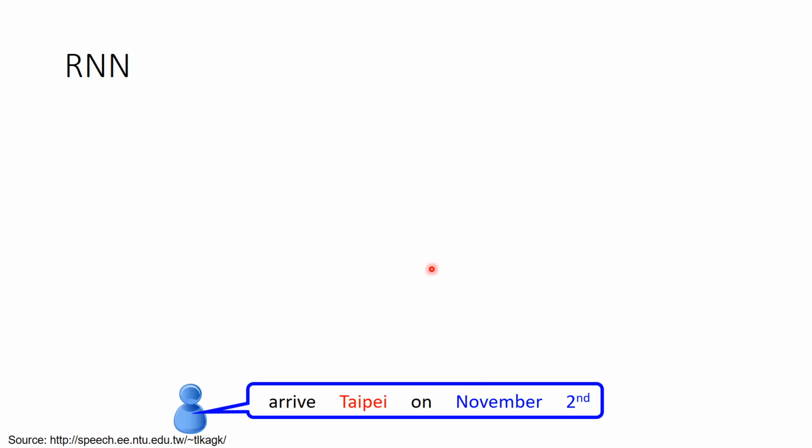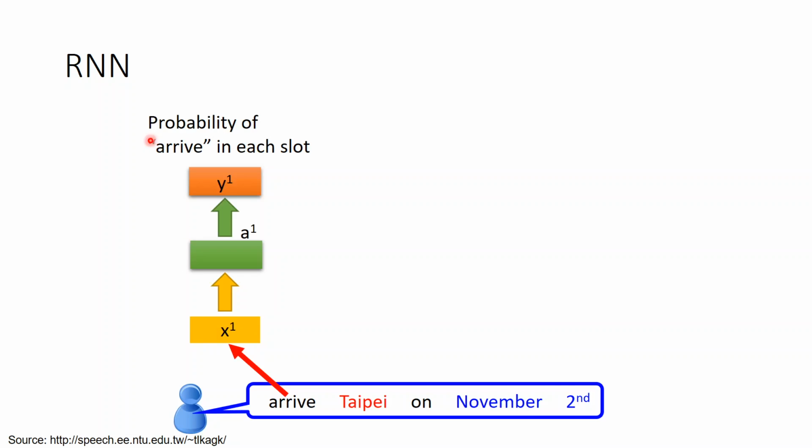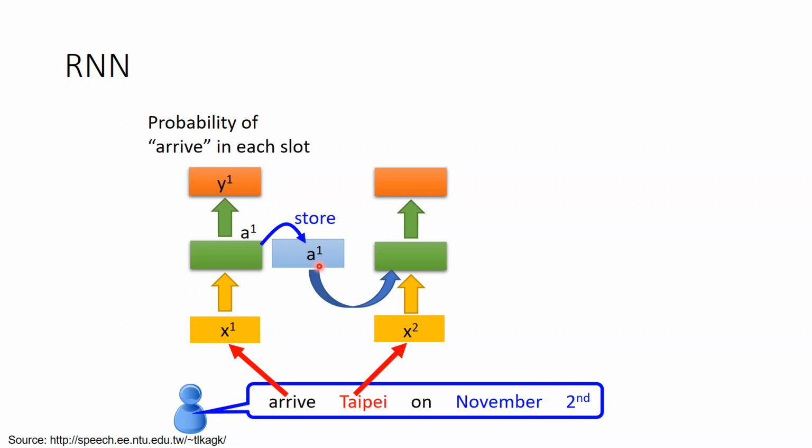Okay, let me take this again, like "arrive". This word will be dispatched to S1, and we will get possibly the label in each slot, and the temporary words will be stored to the memory.